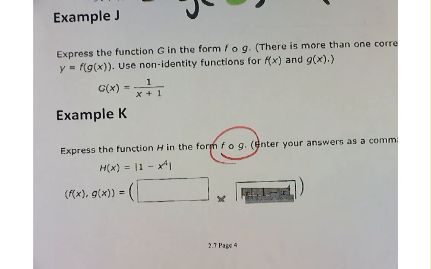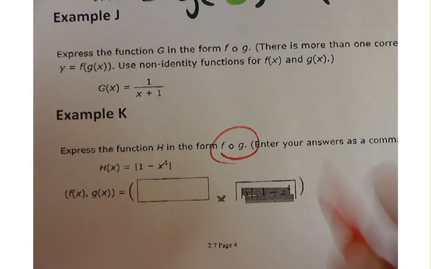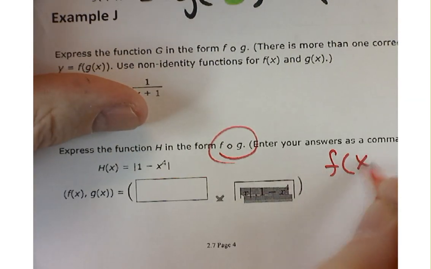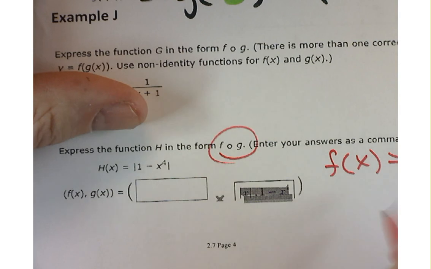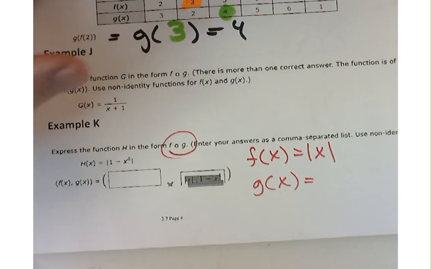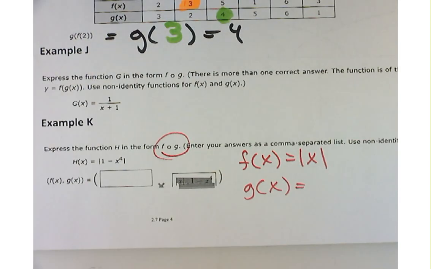Now your outside function is going to be your f of x. So let's do f of x equals the absolute value of x. The rest of that has to be your inside function. So thanks, Dean. Malik, what do you think the inside of this is going to be? What's g of x?